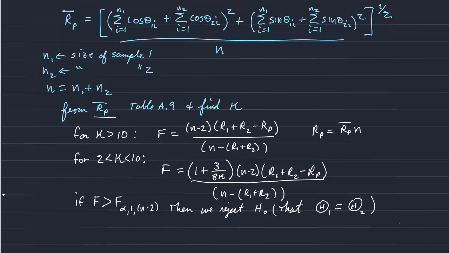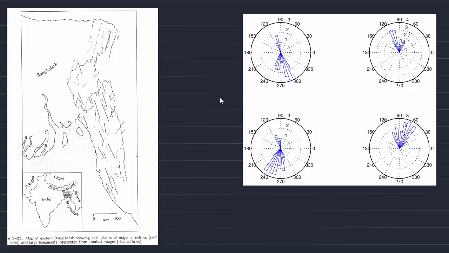So let's go back and look at the example provided by Davis. Here I've plotted polar histograms for the anticlines and the lineaments.